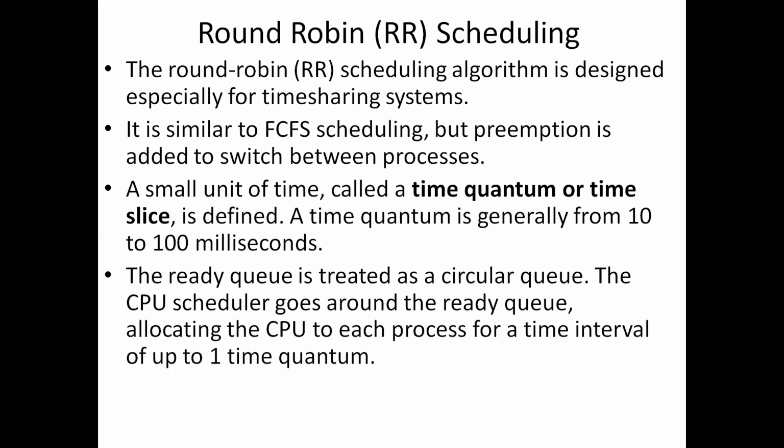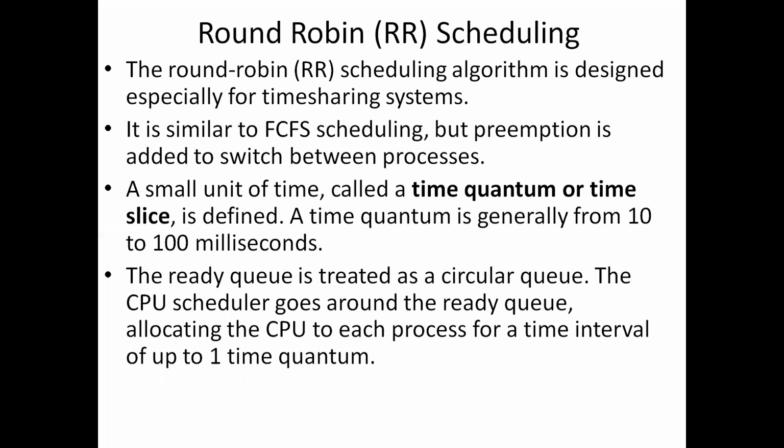We'll discuss what the preemption is that is added to each process in round robin scheduling. We have a small unit of time called time quantum or time slice, which is defined in round robin scheduling.